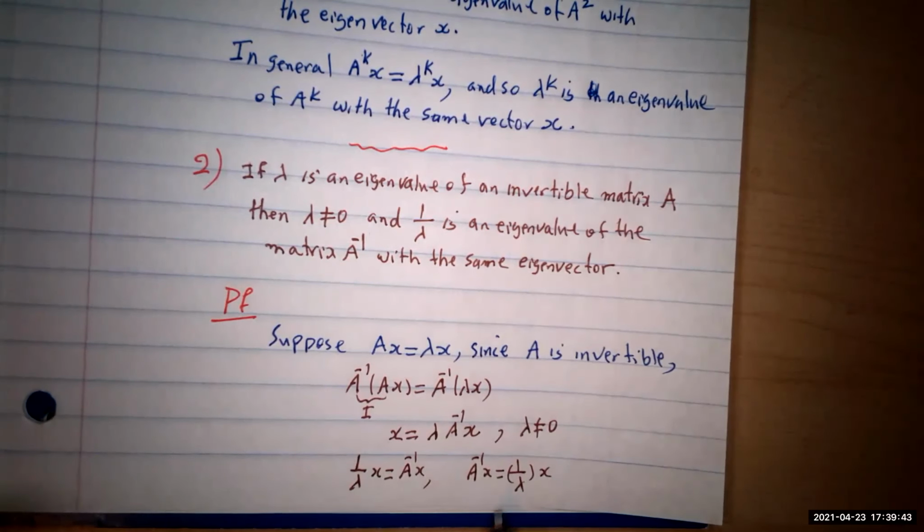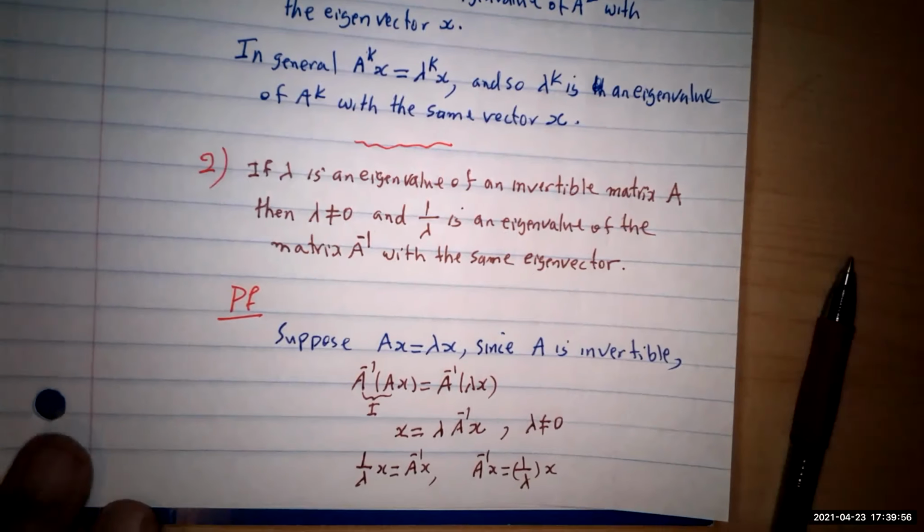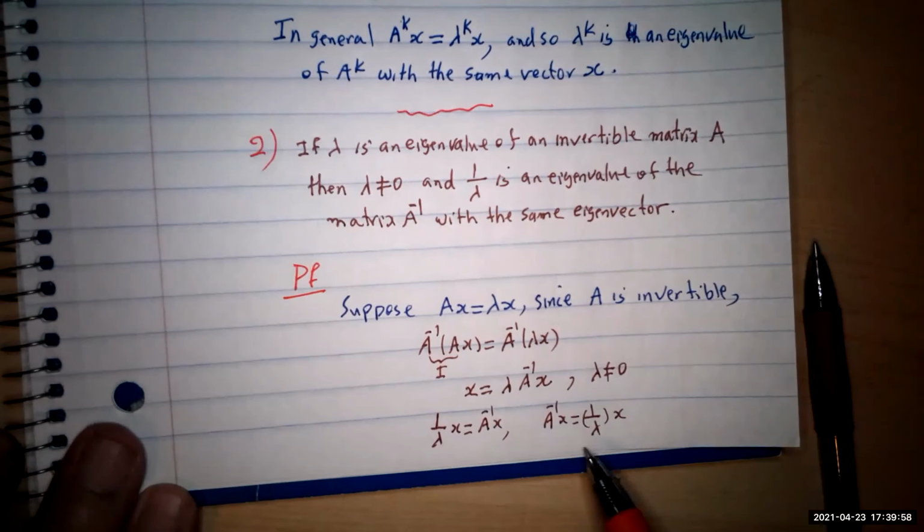So what does it mean? This means 1 over lambda is an eigenvalue of A inverse, and X is going to be the eigenvector. And that's exactly what we want to prove. Okay, so I write it down here.